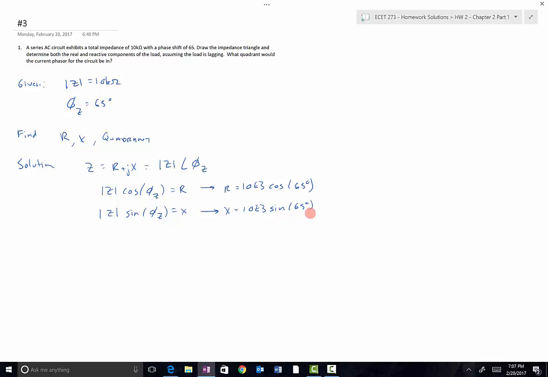So R is 4.23K, and X is equal to 9.06K. If we were to write Z in its rectangular form, we will get 4.23 plus j9.06 kiloohms.